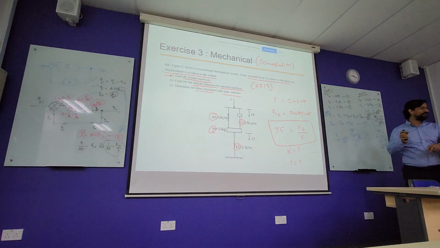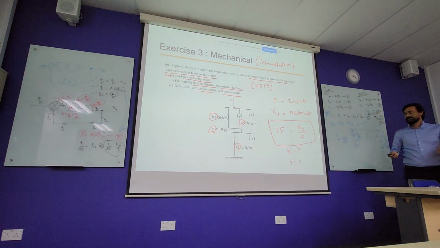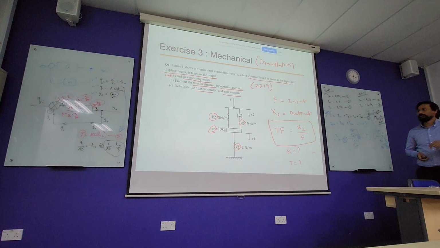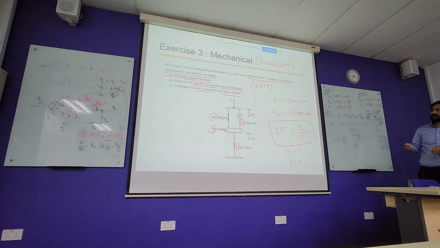Okay, so this equation, of course, we have a linear system. So basically, we have one spring, damper, mass, and another spring. So it's like four components, and we have a system equation, transfer function, time constant, and gain constant. Whereas the external force F is taken as an input, and displacement is taken as an output.